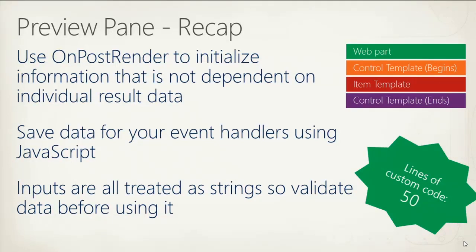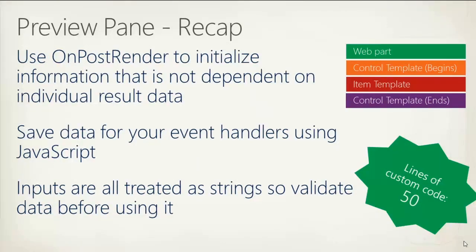And another thing that didn't really come up in this demo but is important to know: all of your inputs are basically treated as strings. So if you're doing something that you expect to be a particular kind of data, like a URL or a date time or something else that you might do some processing on, it's important to validate that data type before you start processing it, because our users could remap our inputs.